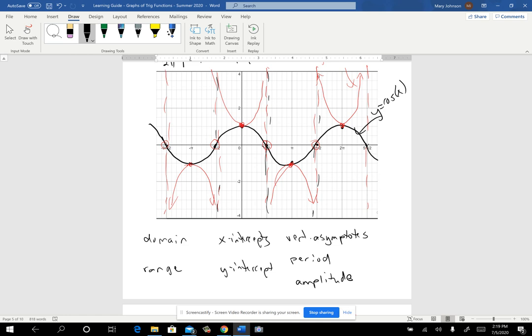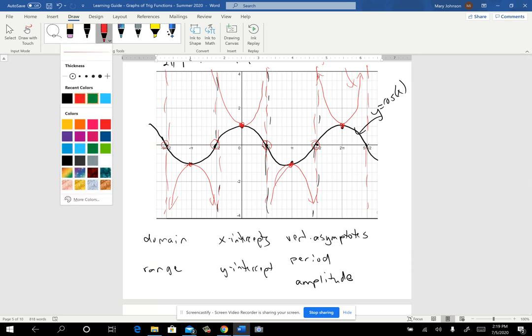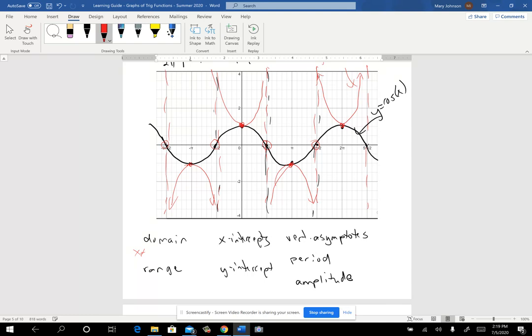So for the secant graph, the domain is going to be all possible x's except, let me do that in red down here, all possible x's except when I've got that pi over 2 thing, it can be a little harder to do, at pi over 2 plus or minus some multiple of pi.